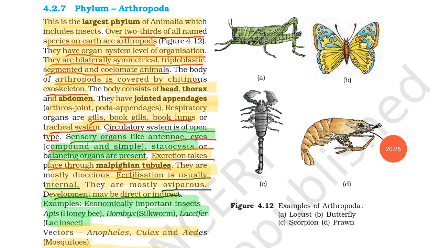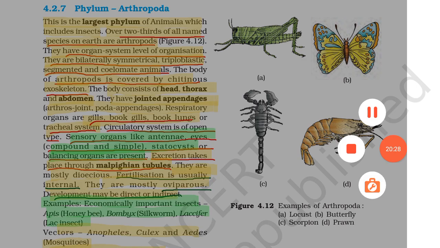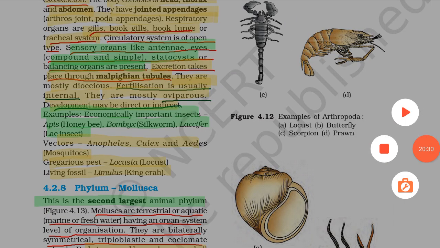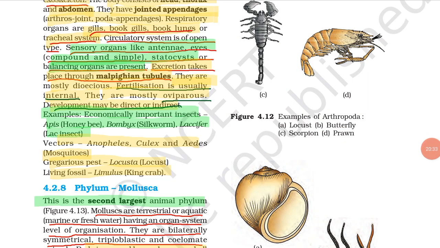Oviparous means the organism which lays eggs. Egg laying insects are called oviparous, and their development may be direct or indirect. For each phylum you have to write what the development is, and keep in mind that in Arthropoda development is direct or indirect.